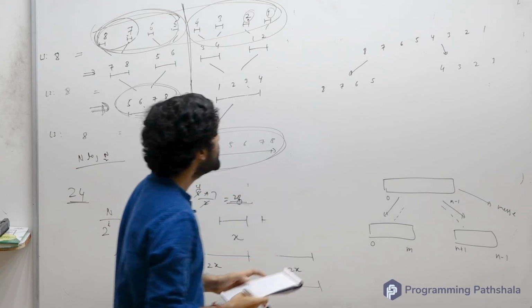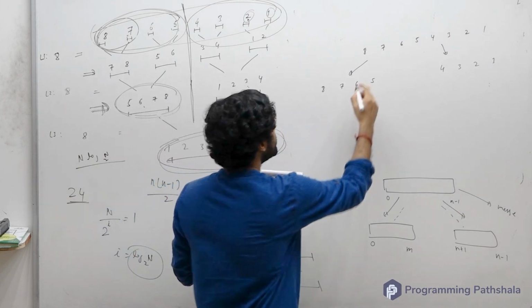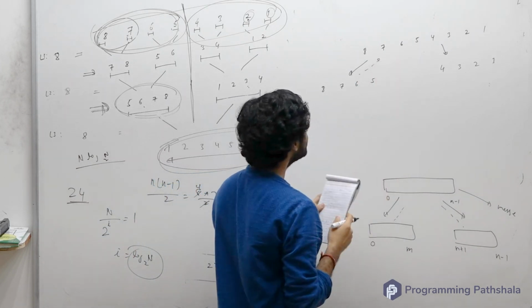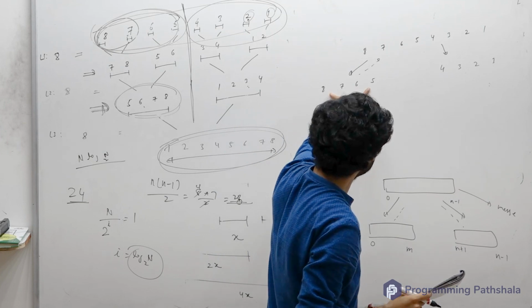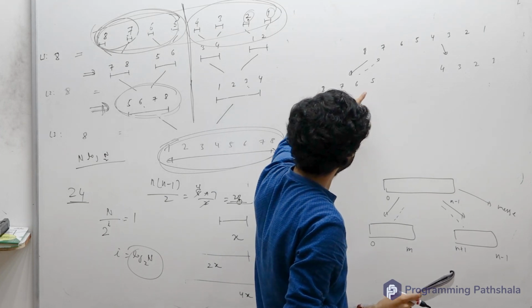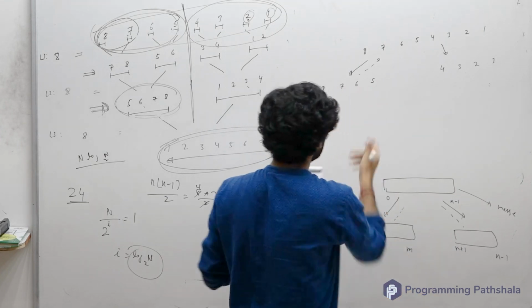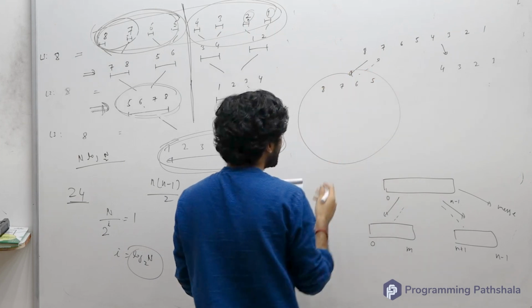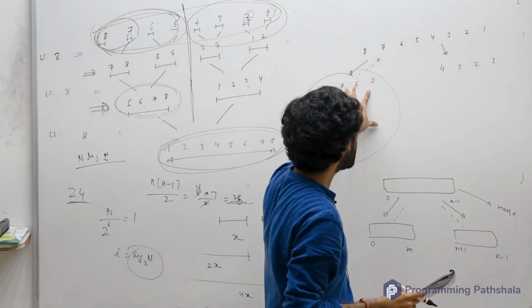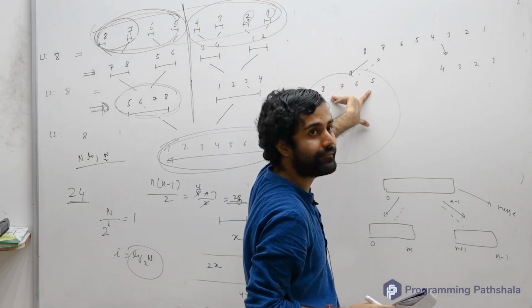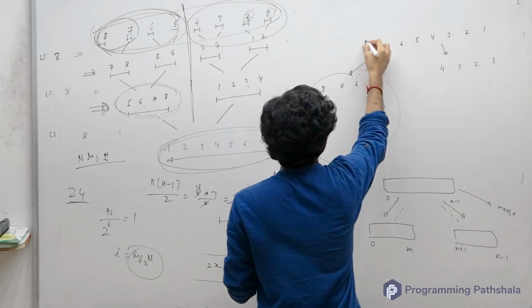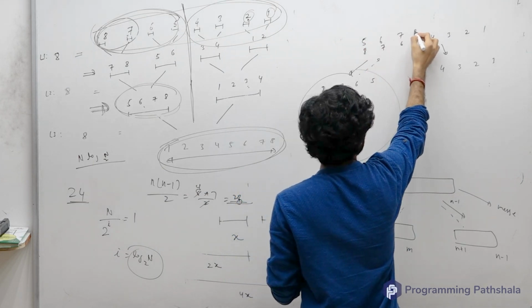By the time this returns, something magical has happened that sorted it, and its sorted version, 5, 6, 7, 8, is copied into the original array.